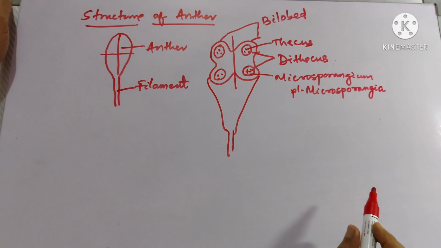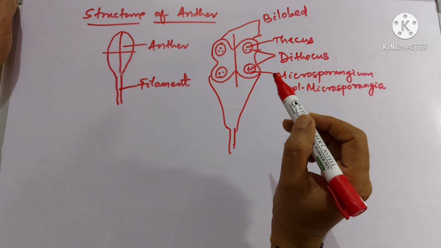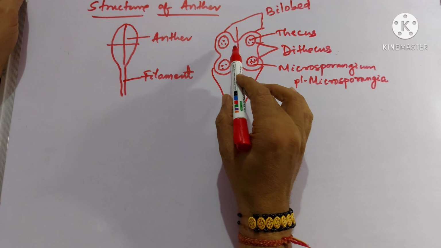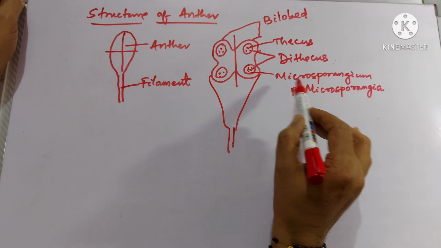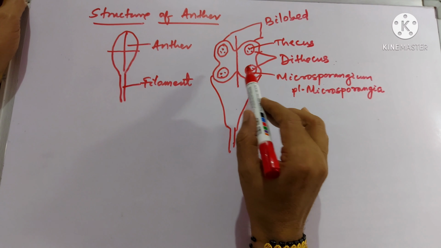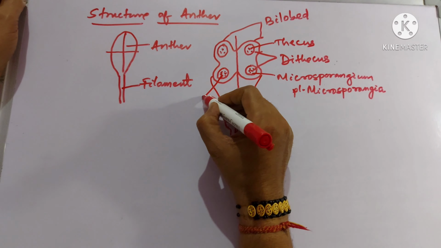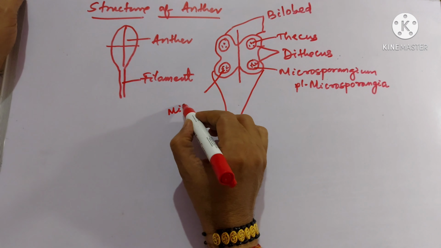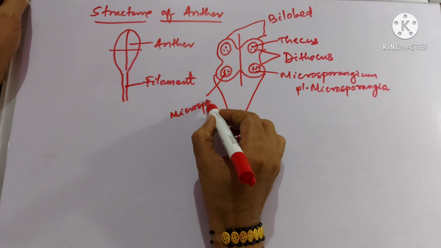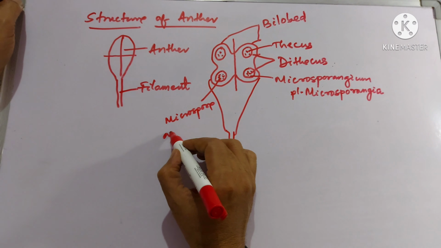So basically we can think how these microsporangia are produced, as well as this dotted structure which are called microspore or pollen.